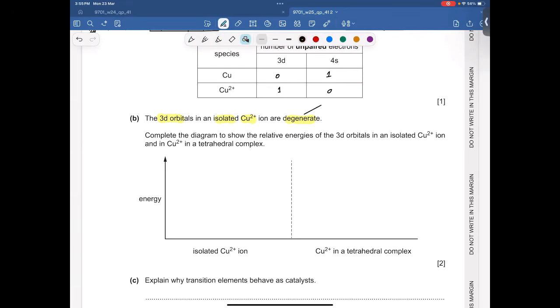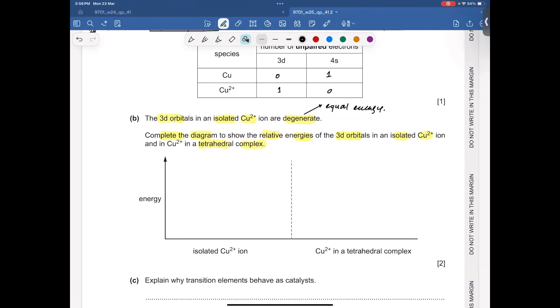The 3d orbital in an isolated copper 2 ion are degenerate. Degenerate means equal energy orbitals. Complete the diagram to show the relative energies of the 3d orbitals in an isolated copper 2 ion and in copper 2 ions in a tetrahedral complex.